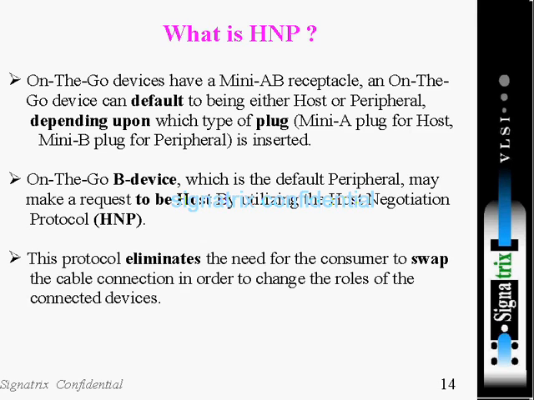The on-the-go B device, which is a default peripheral, may make a request to be host by utilizing the host negotiation protocol. This protocol eliminates the need for the consumer to swap the cable connection in order to change the roles of connected devices. We have discussed these things.